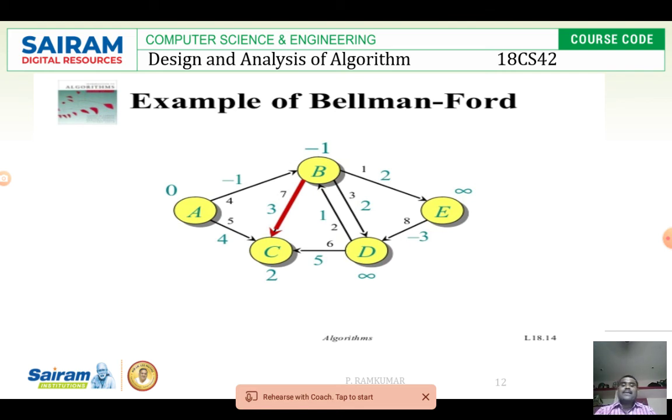Next, I have to check B, which is minus 1, and B to D is 3. So minus 1 plus 3, 2.